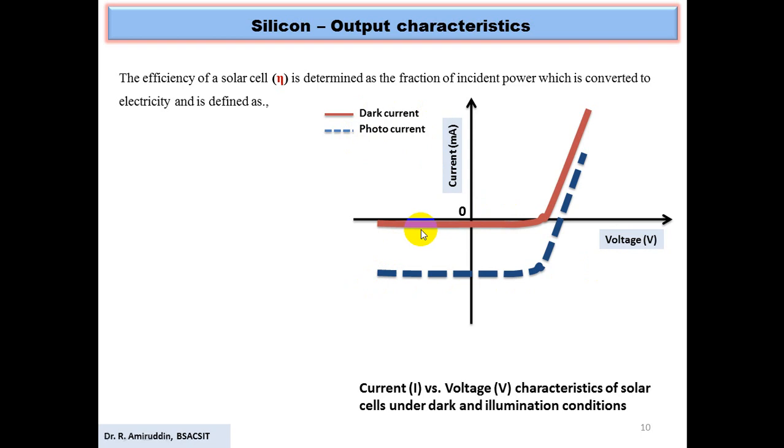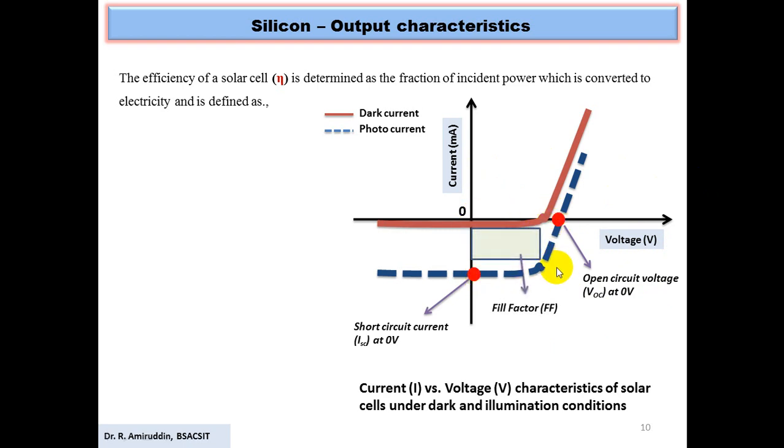So we can see here the current value in the negative y-axis increases significantly compared with the dark current, and even at 0 volt the solar cell has some value in the negative y-axis. This point is called the short circuit current, at 0 volt, and this point refers to the open circuit voltage, and the area corresponds to the fill factor.